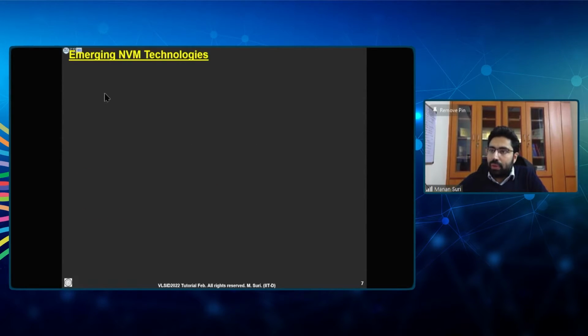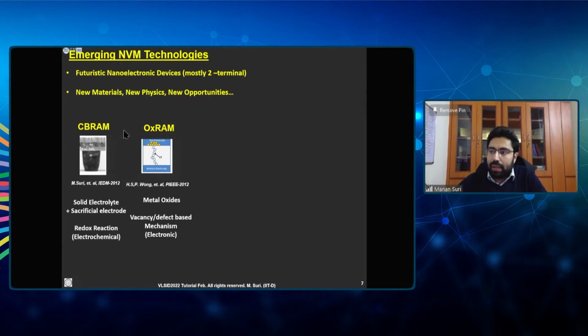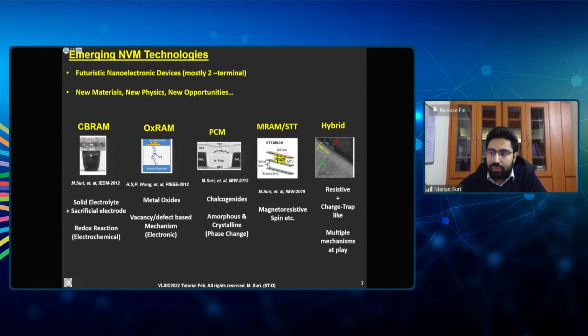And when we talk about emerging NVMs, this is basically the class of nanoelectronic devices which are essentially two-terminal, which have some new unconventional materials. They have new underlying physics, and which leads to some new opportunities. And there is a whole bunch of different technologies depending on what kind of materials or underlying physics you use.